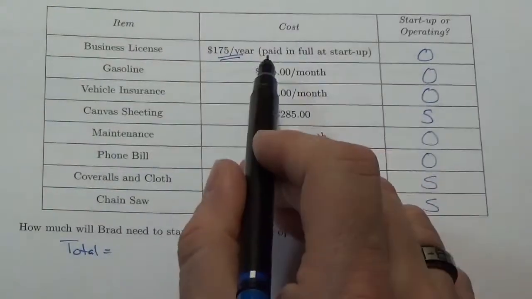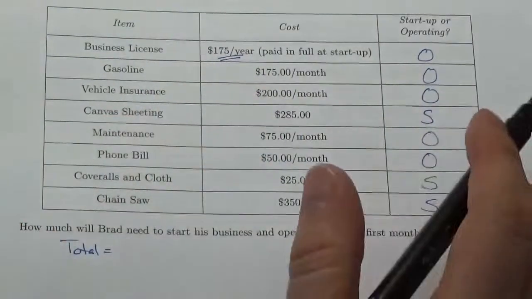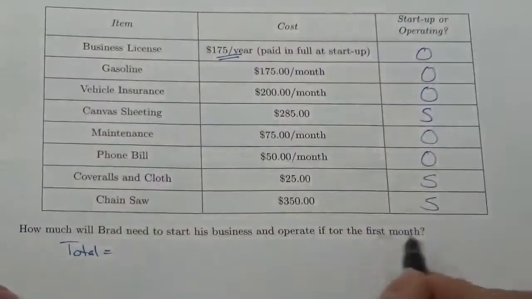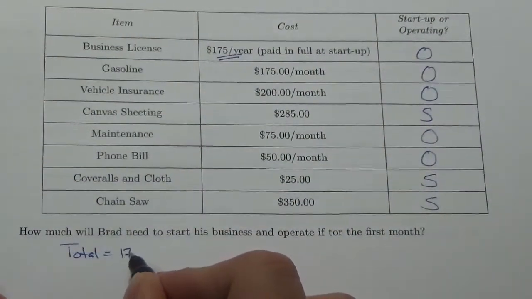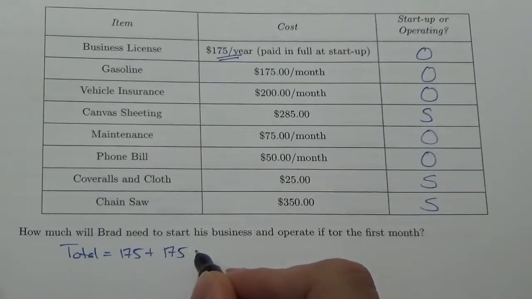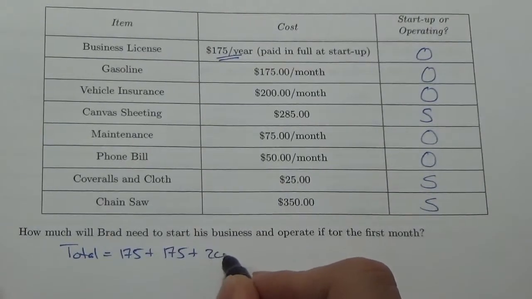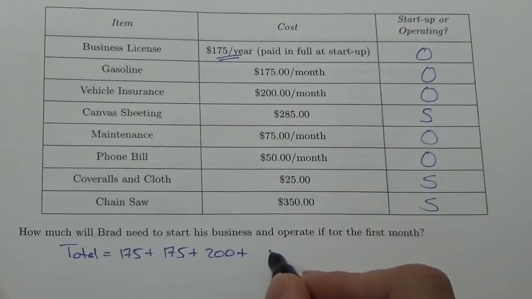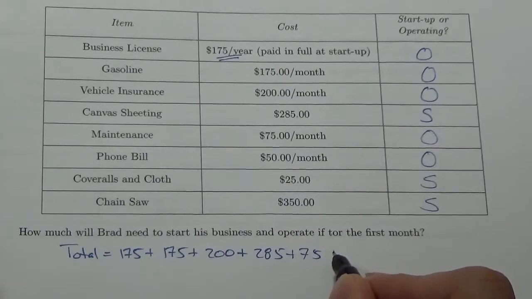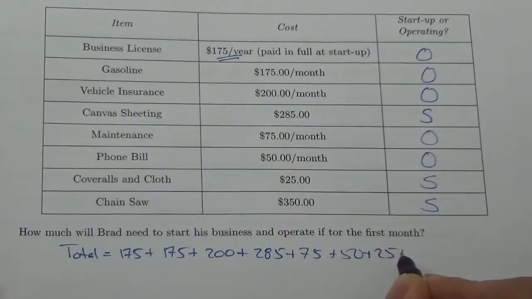However, it has to be paid in full at the startup, which is why it was here, for this question right here. You would need to pay that $175 plus the $175 per month for the gasoline, plus the $200 for the insurance, plus the $285 to start off with, 75 plus the 50 plus the 25 plus the 3.